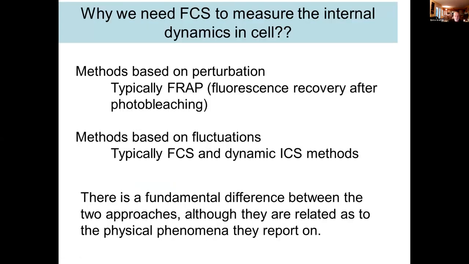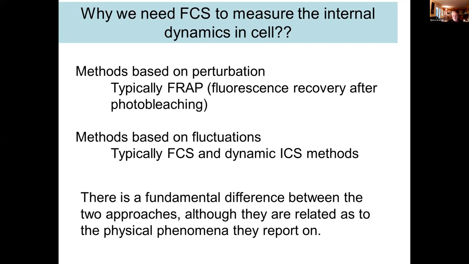So why do we need FCS to measure internal dynamics in cells? Well, the basic idea is that a method based on perturbation, like typically FRAP, fluorescence recovery after photobleaching, is very common in many labs because it's very easy to do and can be done essentially with every instrument or every microscope that you have.